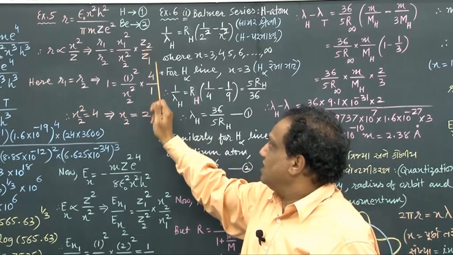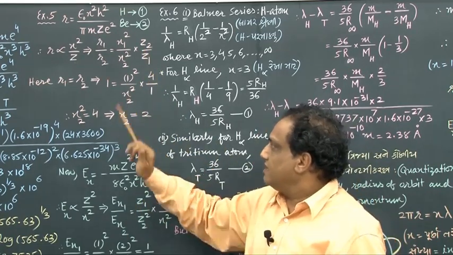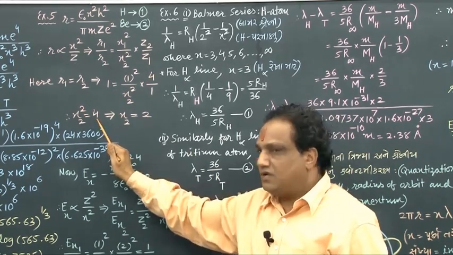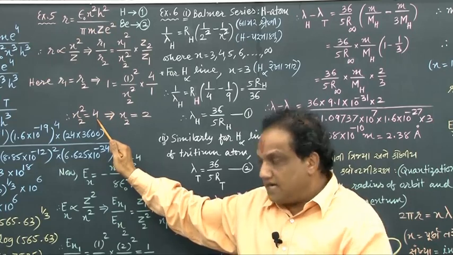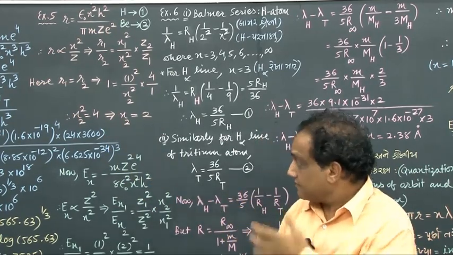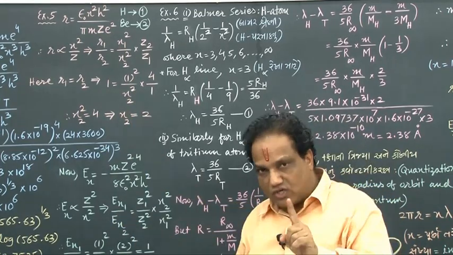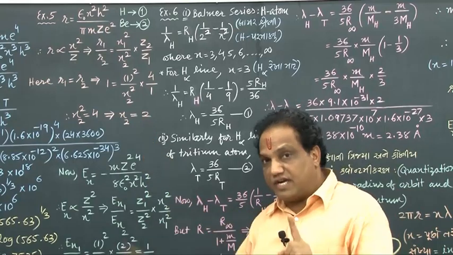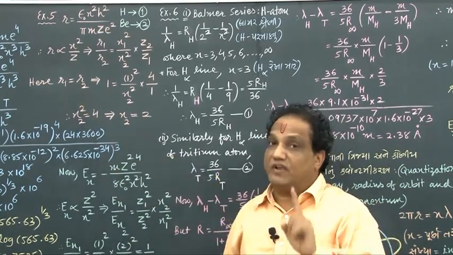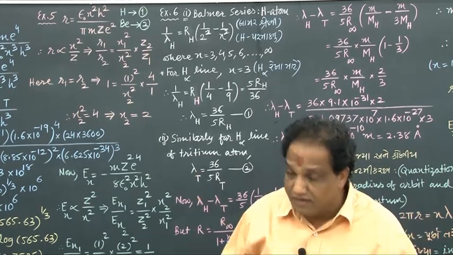So Z2 is 4. Now simplify. N2 square will be 4. If N2 square is 4, take the square root on both sides, then N2 equals 2. Correct? Fine. So you can say the orbital radius of the electron in the second state of beryllium atom and the orbital radius of the electron in the ground state of hydrogen atom are equal.